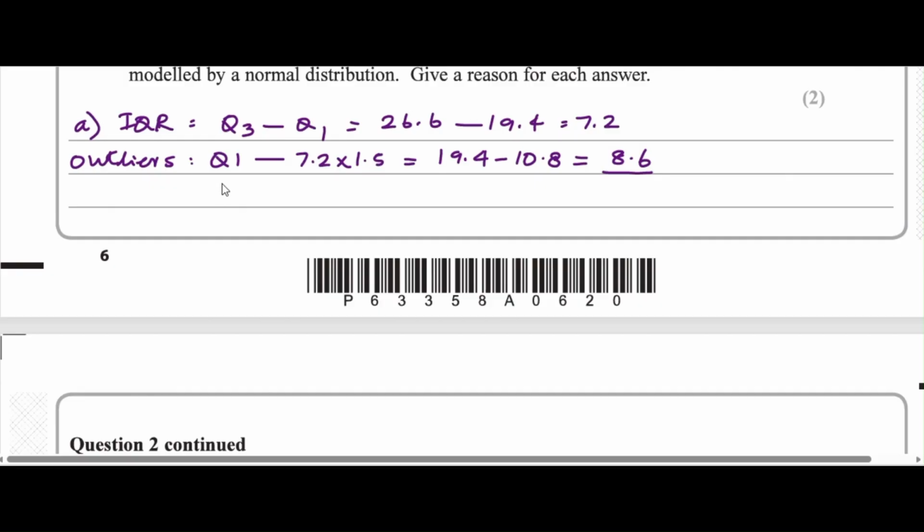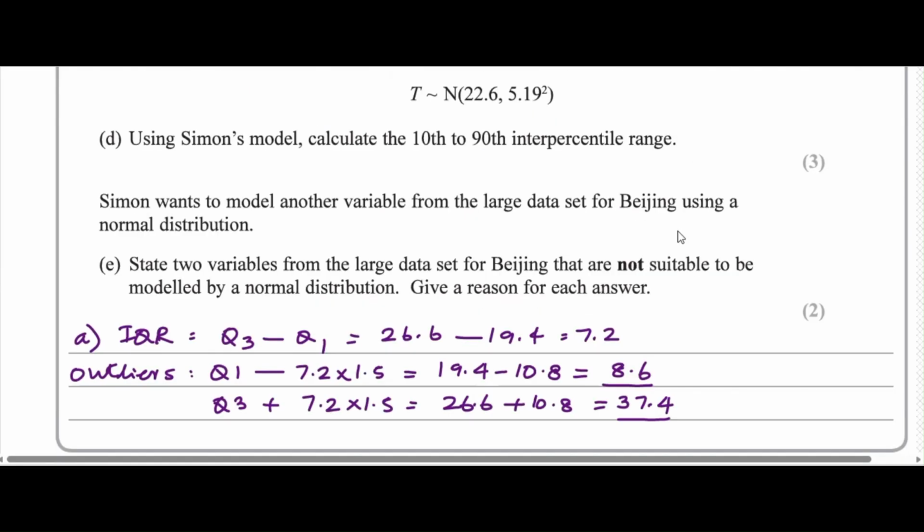The second one will be Q3 plus 7.2 times 1.5, that is equal to 26.6 plus 10.8, that gives us 37.4. This means any data point less than 8.6 will be an outlier and more than 37.4 will be an outlier.